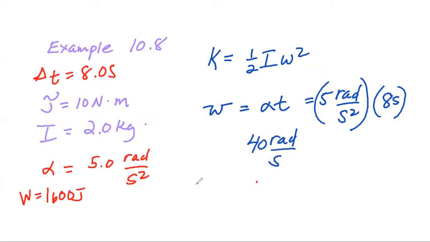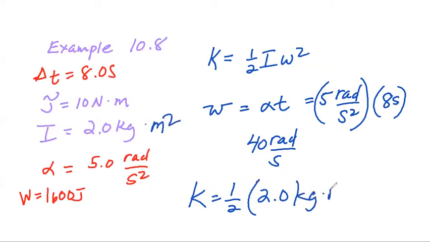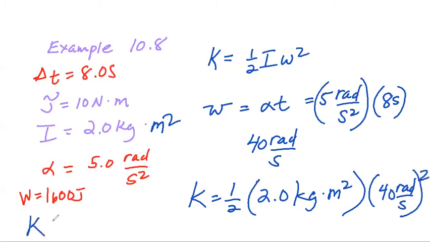So now K equals 1/2 times 2.0 kg meter squared times omega, which is 40 radians per second, quantity squared. So K is going to equal 1,600 joules.